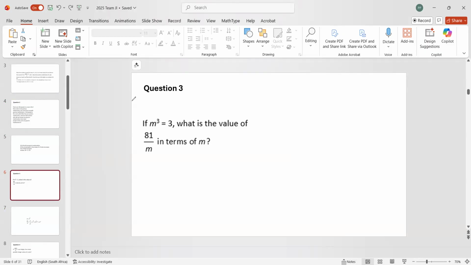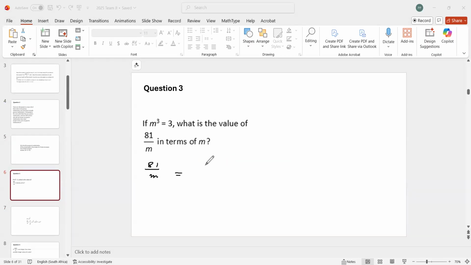Question 3 is, if m cubed is equal to 3, what is 81 over m in terms of m? So we can write this in terms of m. M cubed is equal to 3. Let's try to simplify this 81 over m. Now I've got this color right.